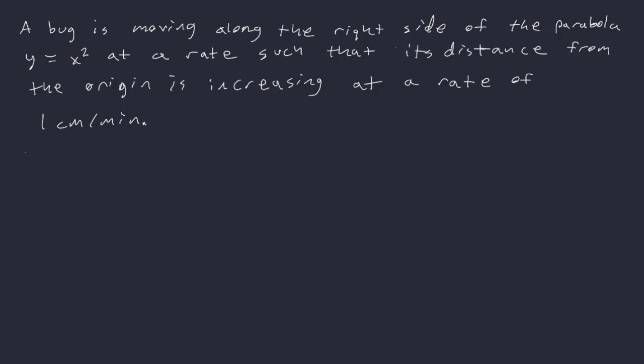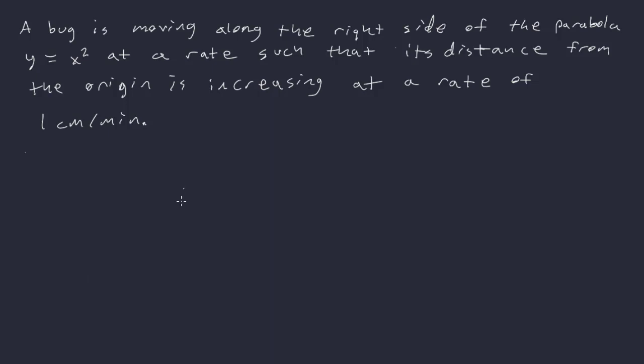Okay, so here's the situation. We have a bug moving along the right side of the parabola y equals x squared at a rate such that its distance from the origin is increasing at a rate of 1 centimeter per minute. This is kind of difficult to decipher if you've never done a problem like this before.